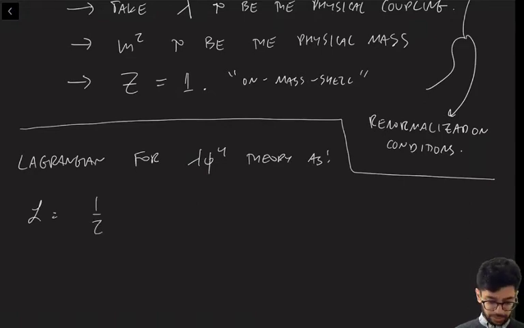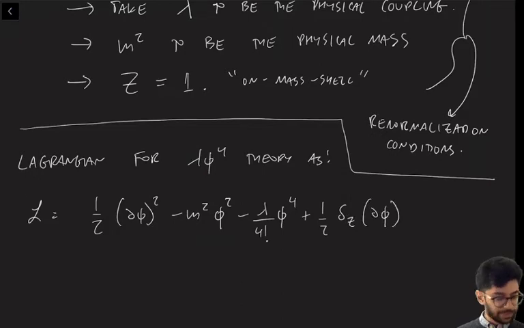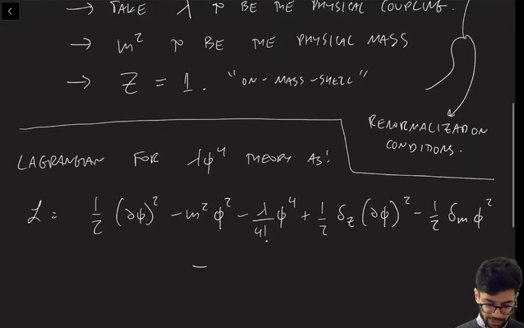In particular, there's the familiar 1/2 (∂φ)² minus 1/2 m² φ² minus λ/4! φ⁴. And then I'm going to write some other things. So there's a term 1/2 δZ (∂φ)², minus 1/2 δm φ², minus δλ/4! φ⁴.